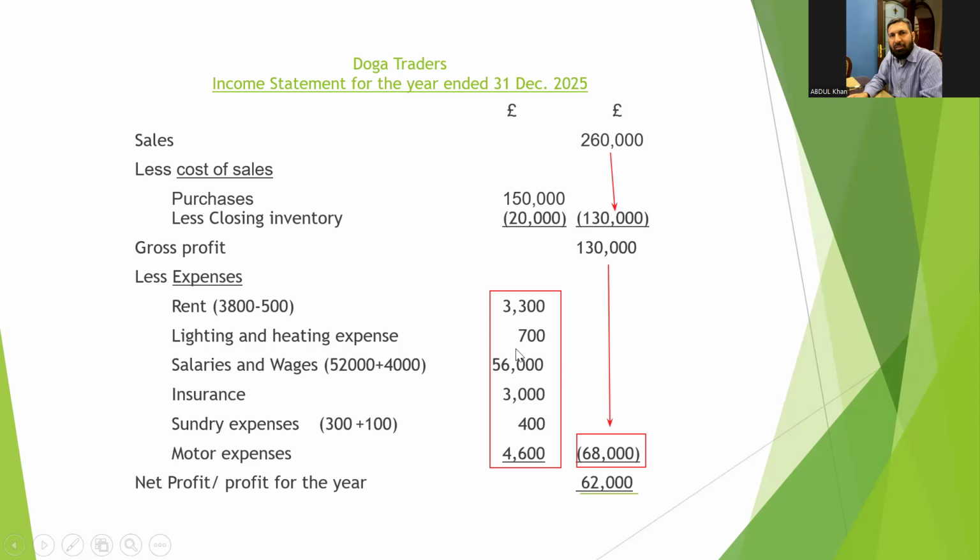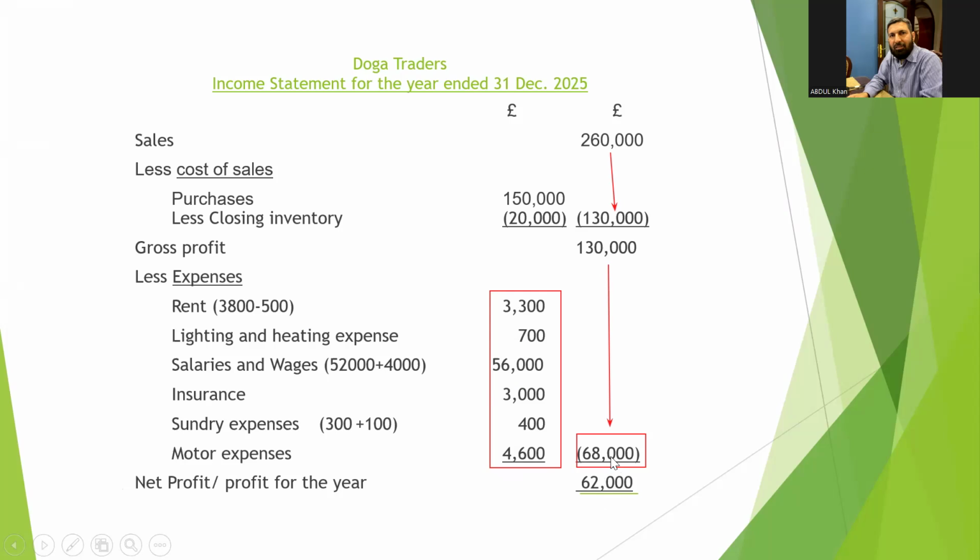When you write all the expenses, you have to total it, then write it down here. Again, because we need to subtract the expenses, we put a bracket here. Total from here is 68,000. So we write here 130,000 minus 68,000, so we got the positive 62,000. So that is the net profit for the year, 62,000.